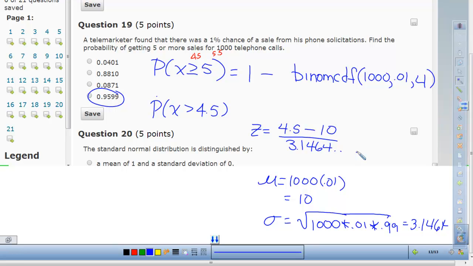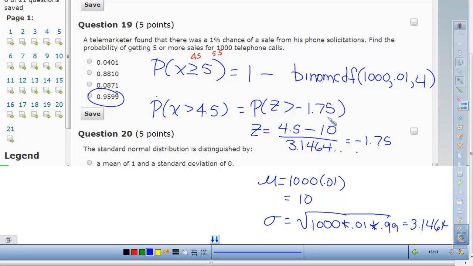We find that z-score. I get negative 1.75. So we're interested in the probability that z is greater than negative 1.75.